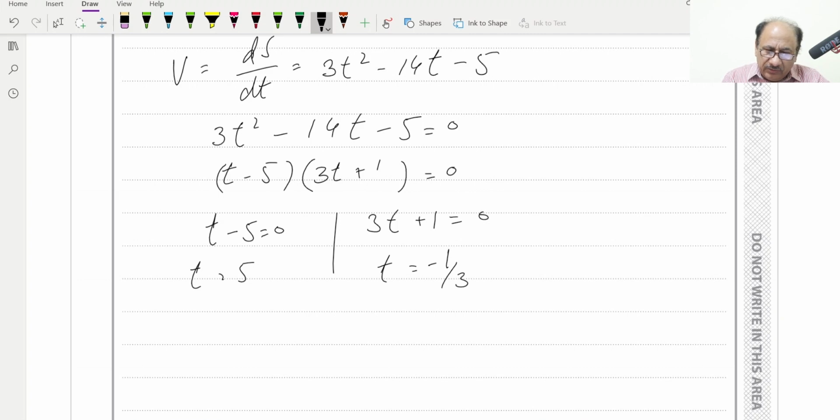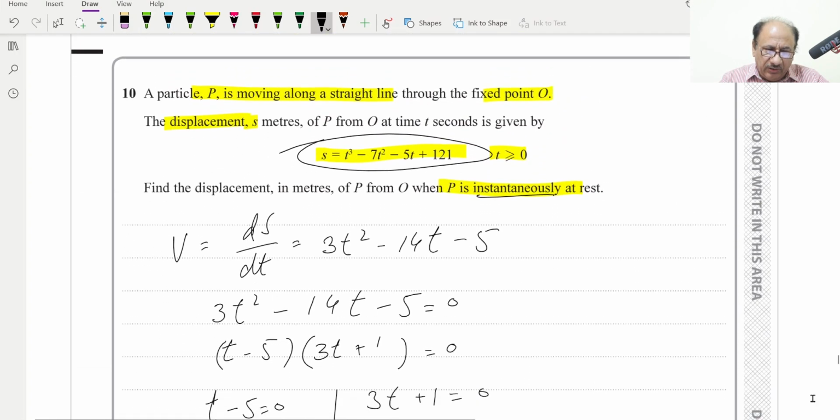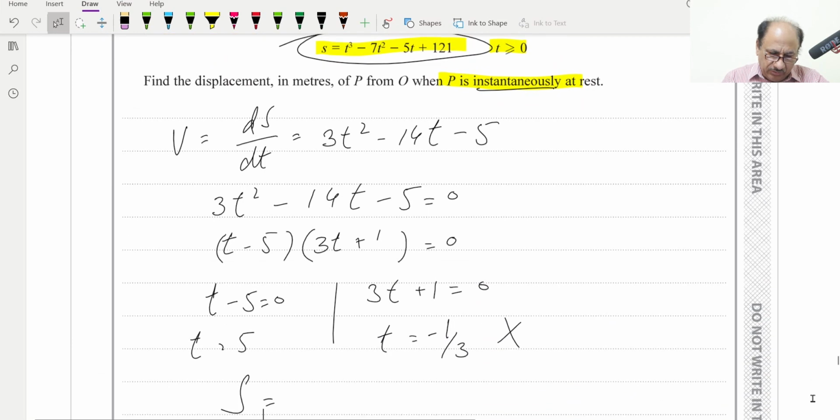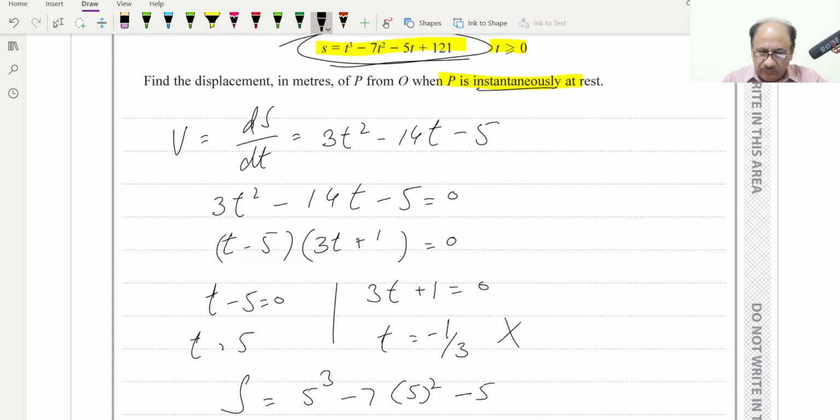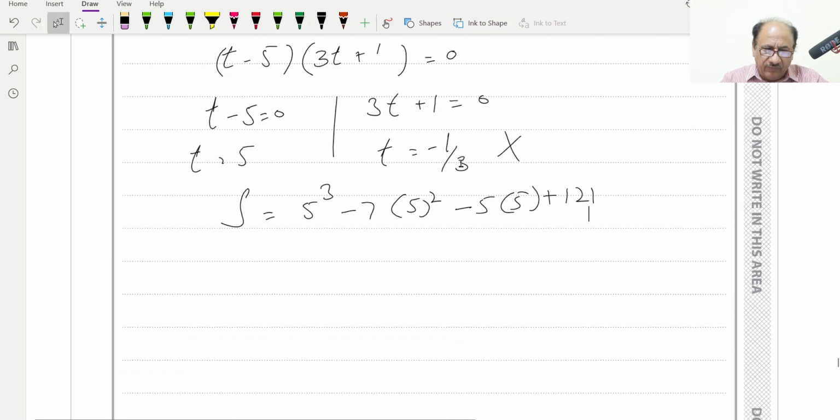Now the negative value we will ignore, and we will take the positive value, and in the displacement we will be putting this t value 5, in the equation given. T cubed means 5 cubed, I'm putting in this equation, so minus 7 into 5 squared and minus 5 into 5 and plus 121, and the rest is just simplification.